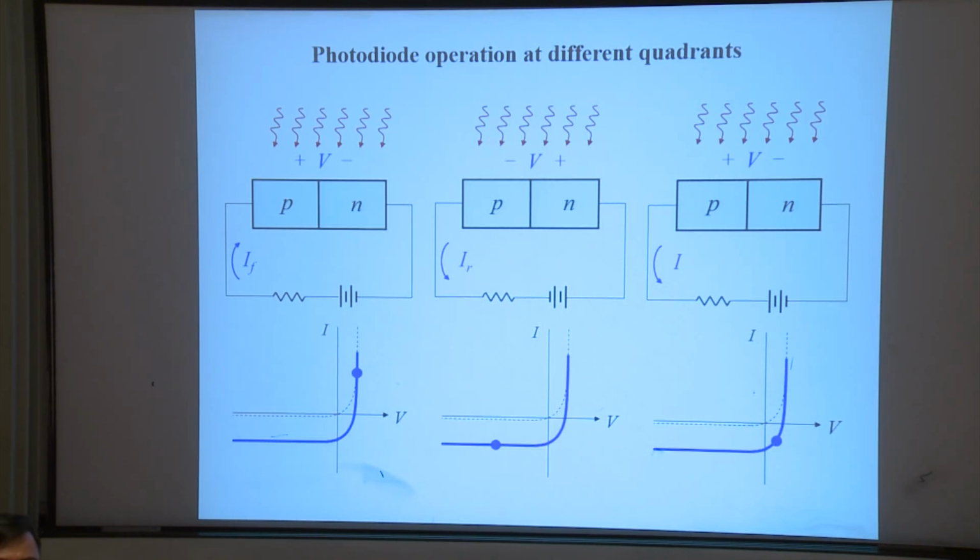That means if we put the battery here, forward biasing the PN junction, now P is at positive potential and N is at negative potential, then we find this current is still in the reverse direction. So is this current driven by this battery or by the PN junction? It should be the PN junction. This battery cannot drive current in this direction.